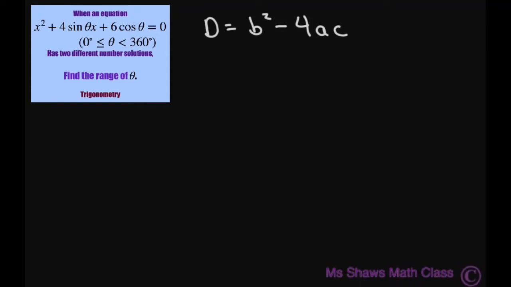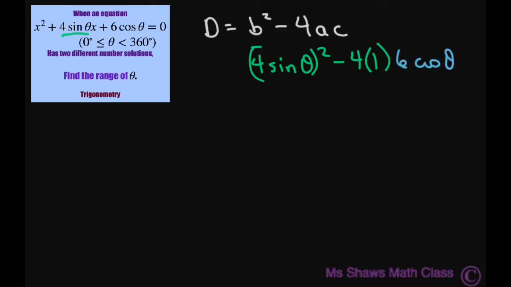So your b is going to be 4 sine of theta, it's in front of the x, that's your constant, square it, minus 4, your a is 1, and your c is 6 cosine of theta. I forgot to put the 6. So 4 times 6 cosine of theta.